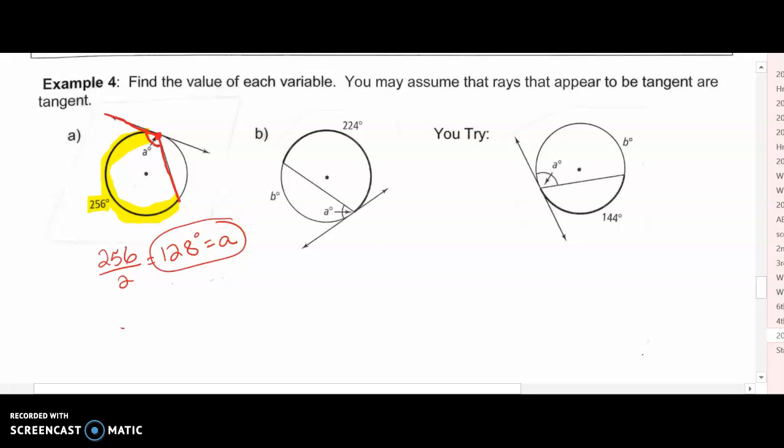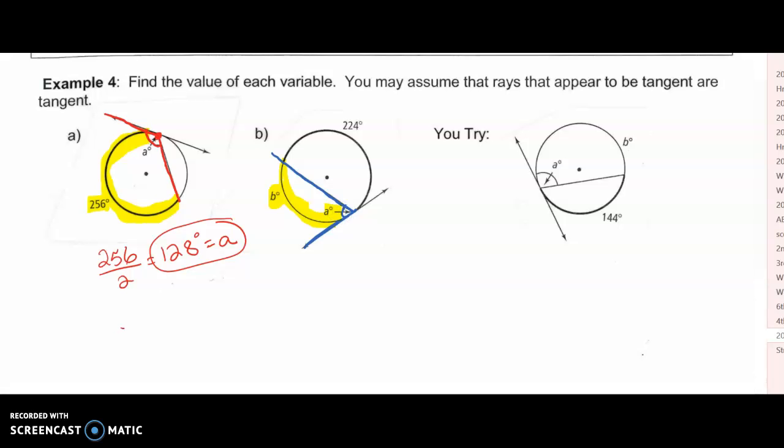Okay, B is a little bit more exciting. You still have the angle A hanging out here. This time there's two pieces of information we don't know. This is our intercepted arc B, and we don't know B nor do we know A. And so that makes things a little bit trickier.